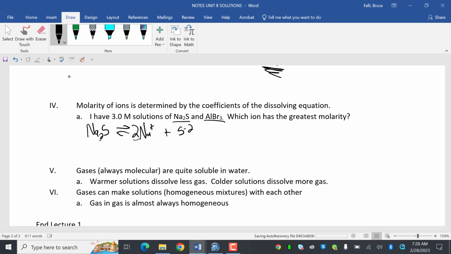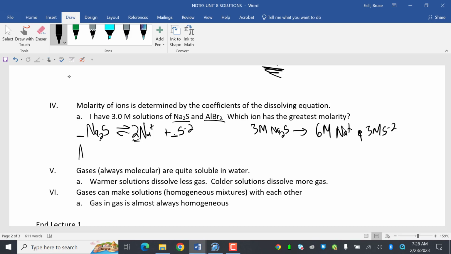So on this one, if I have 3 molar Na2S, it's going to turn into, got to double it, 6 molar Na positive. And notice this is the same coefficient, 1 and 1, and 3 molar S negative 2.